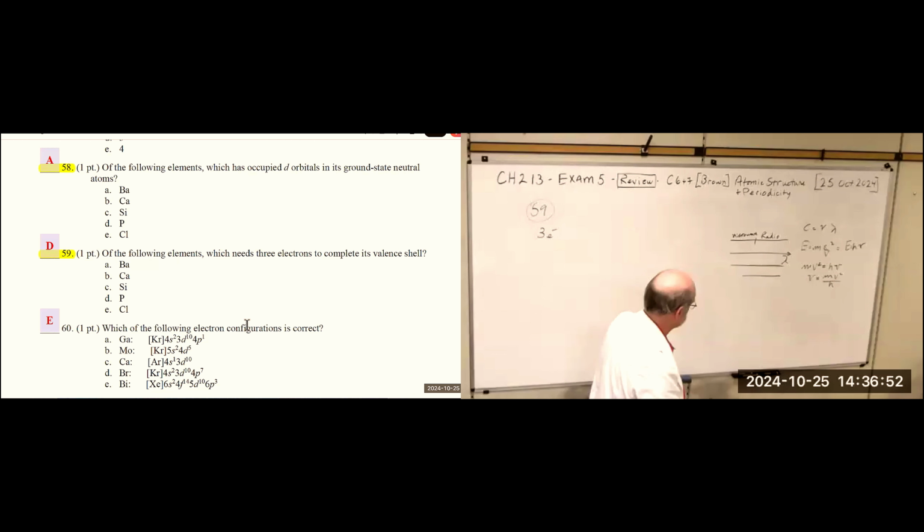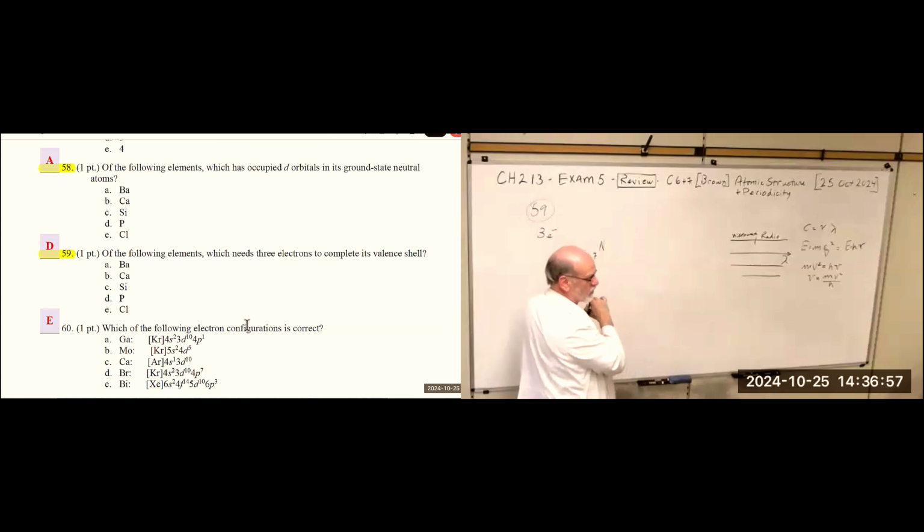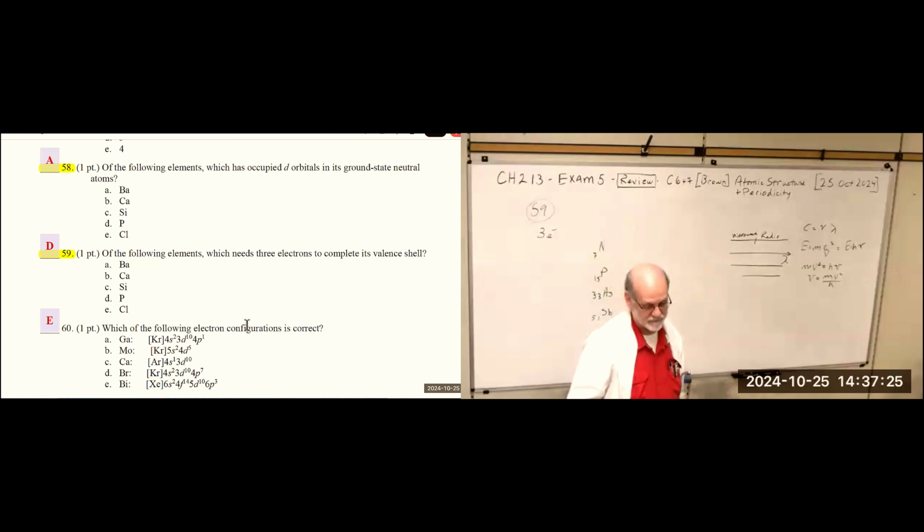Like neon would be nitrogen, and argon would be phosphorus, and krypton would be arsenic. Let's keep going. Xenon would be antimony, and radon would be bismuth. So any one of those requires 3 electrons to complete its shell.